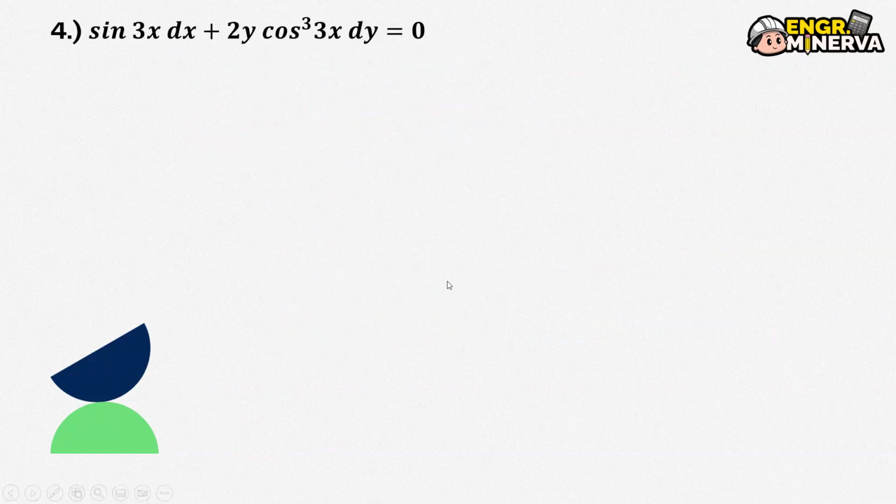Next, the 4th problem would be sine 3x dx plus 2y cosine cube 3x dy is equal to 0. Again, we rewrite the equation here.